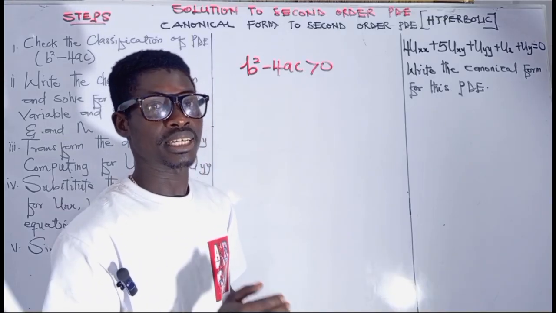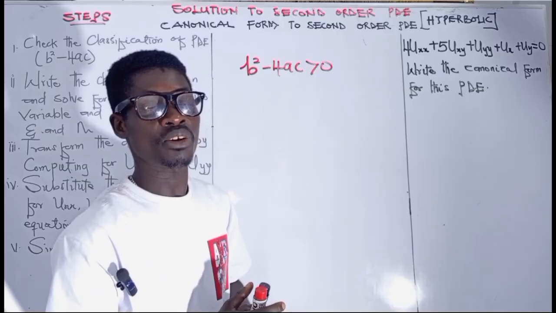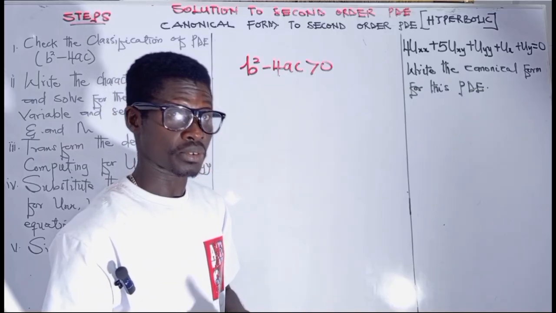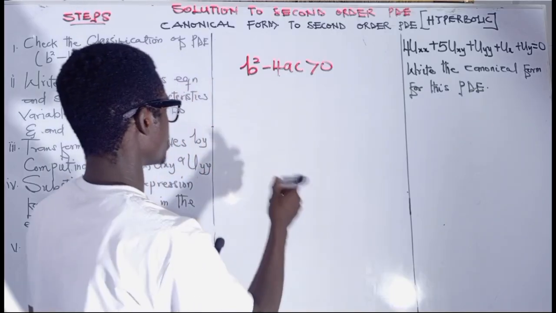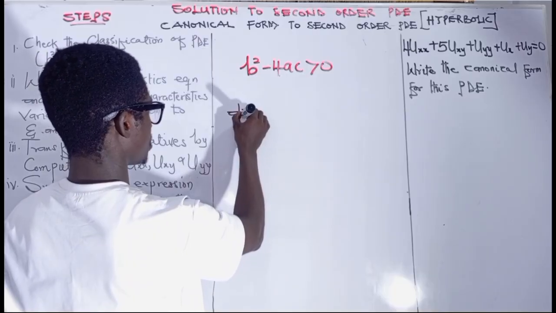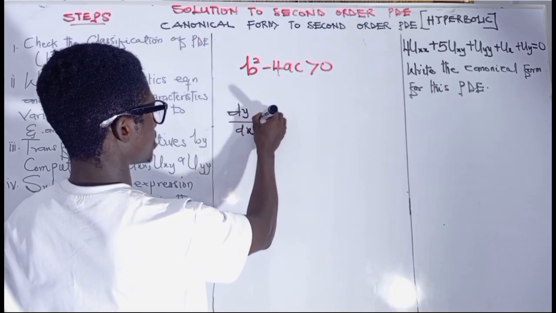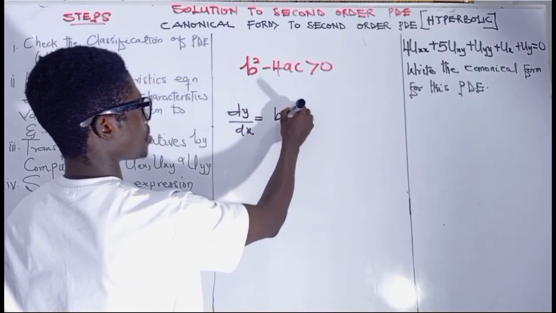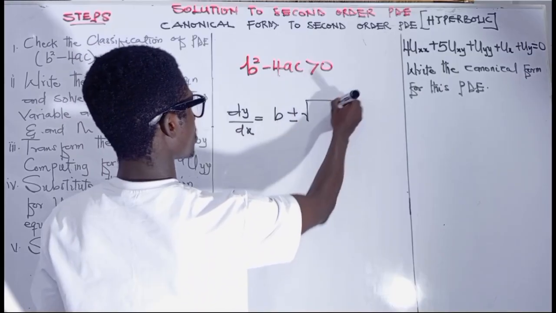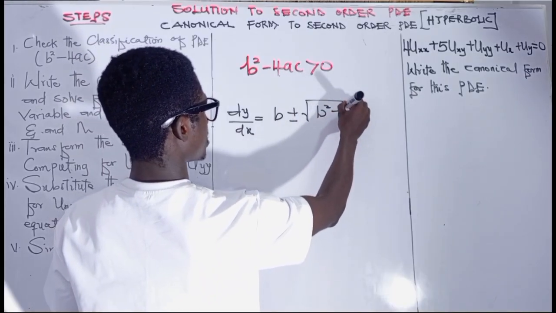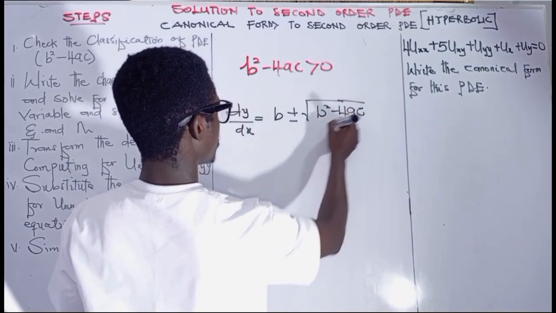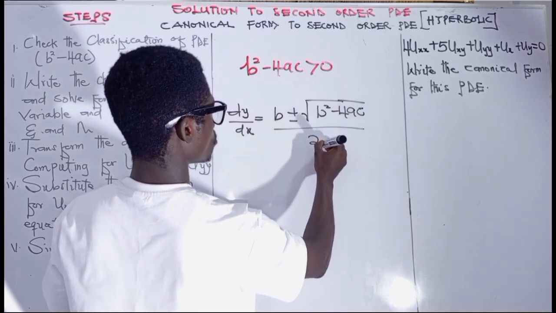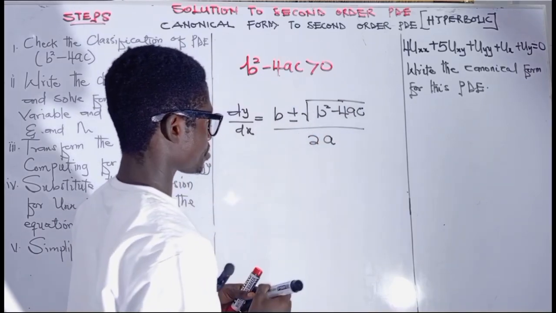You also know that the characteristic equation of a second order partial differential equation is given as dy/dx equal to b plus or minus the square root of b squared minus 4ac, all over 2a.